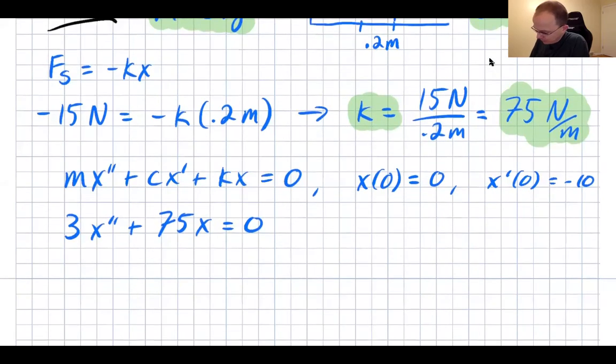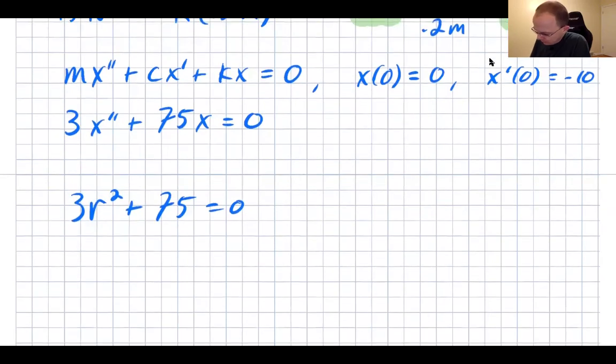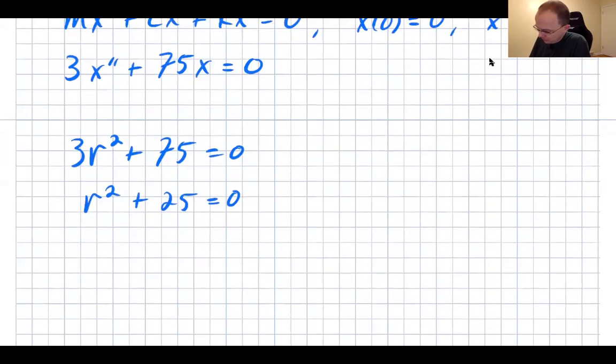So let's write out the characteristic equation. 3r squared plus 75 is equal to 0. Divide both sides by 3, and that gives us our solutions: plus or minus i times 5.